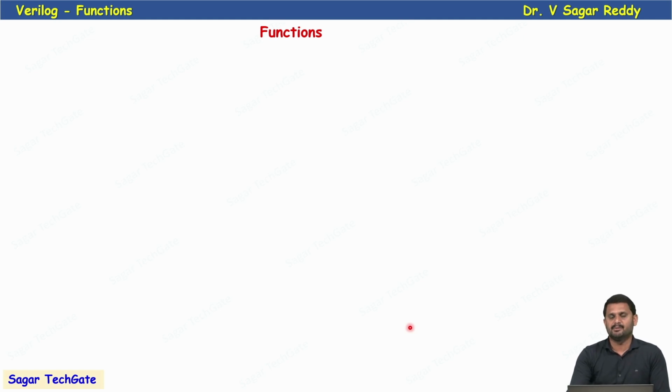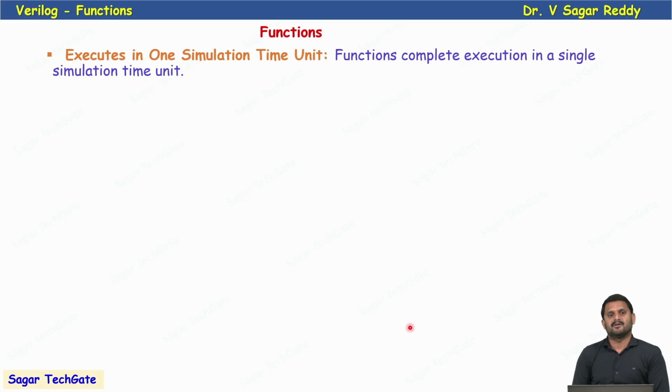What are the limitations of functions? First, a function executes in one simulation time step. Functions complete their execution in a single simulation time unit, meaning all the statements written in the function are executed in that same time step only.